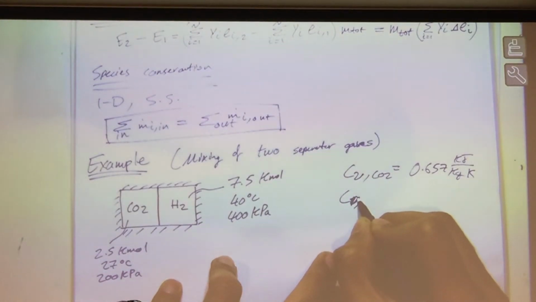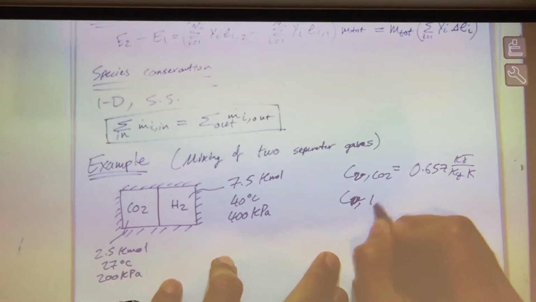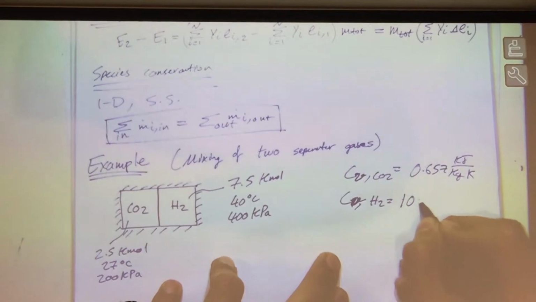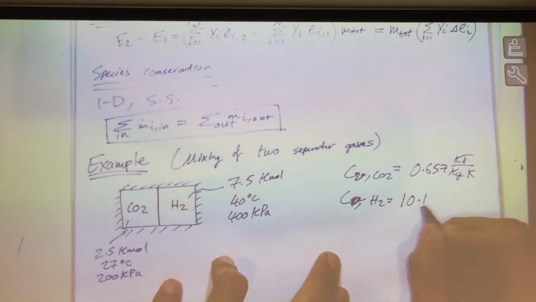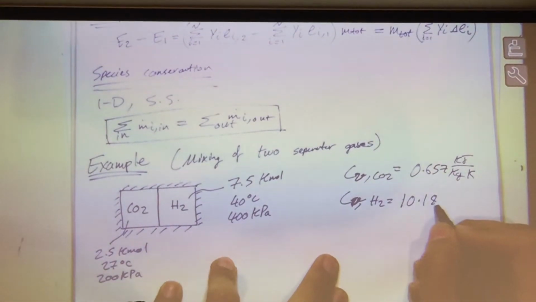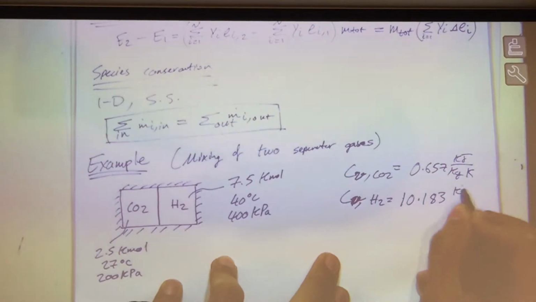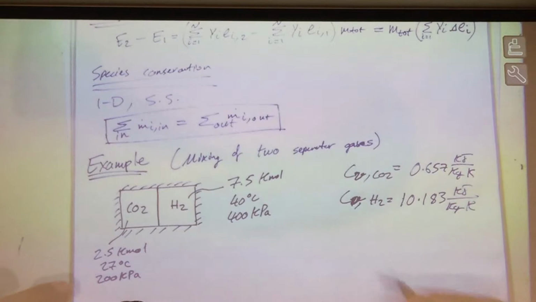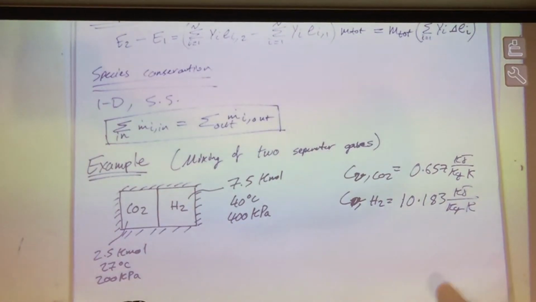We're going to use the CV here. CV of hydrogen is equal to 10.183 kilojoules per kilogram Kelvin. So these are your inputs in general.